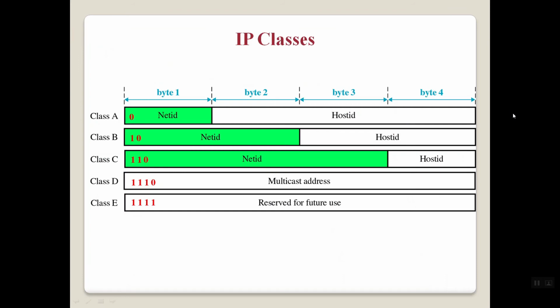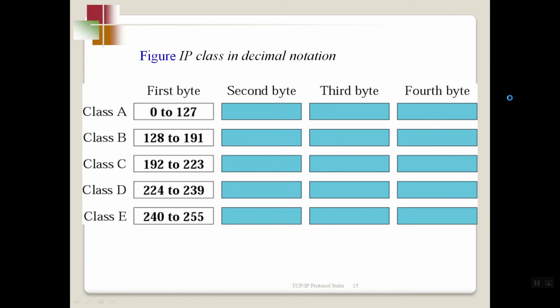Now in this block you can see the usable range of the first byte in decimal notation. For class A you can have 0 to 127 for the first byte as a network ID, 128 to 191 if the IP address is in class B, 192 to 223 for class C. That is what is usable for us if we are doing any classful IP addressing.